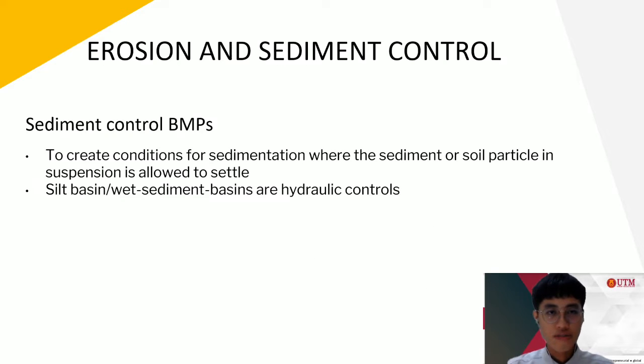The function of the sediment control system is to create conditions for sedimentation, where the sediment of soil particles in suspension is allowed to settle. Silt basins or wet sediment basins are hydraulic controls that function by modifying the runoff hydrograph and slowing down the water velocity.